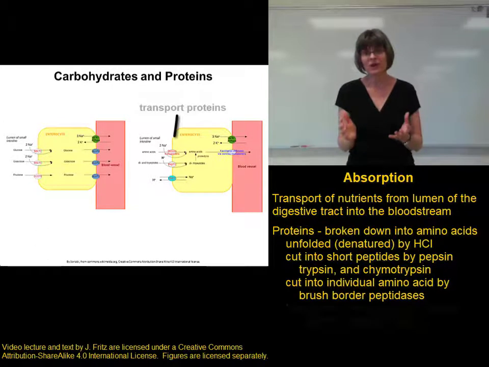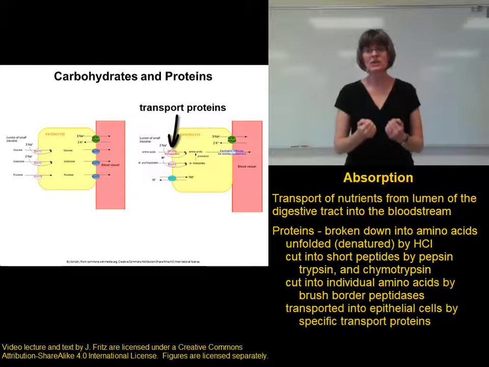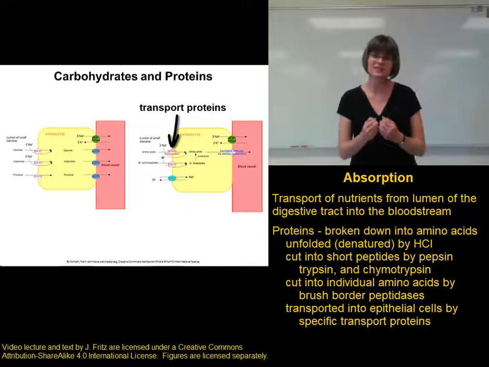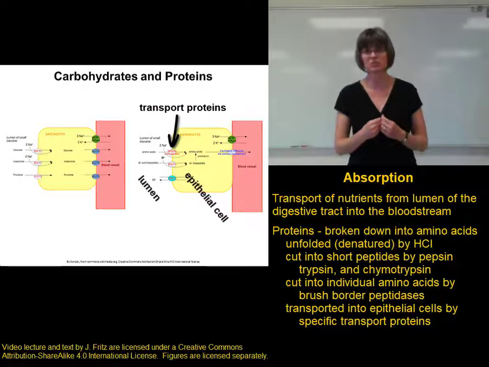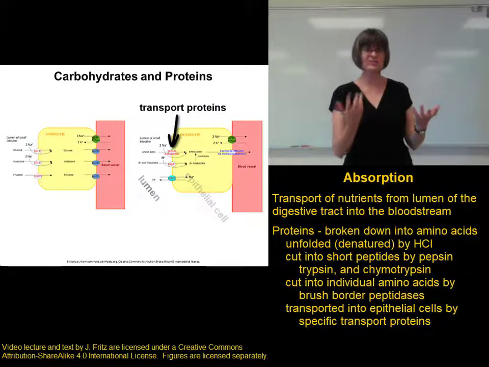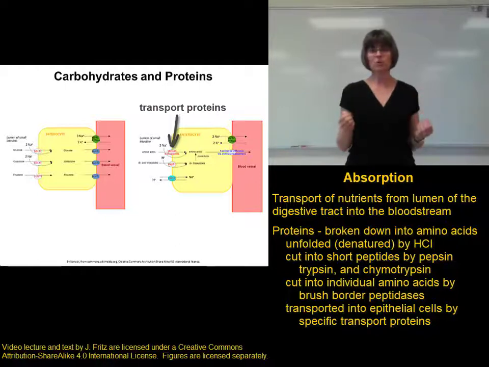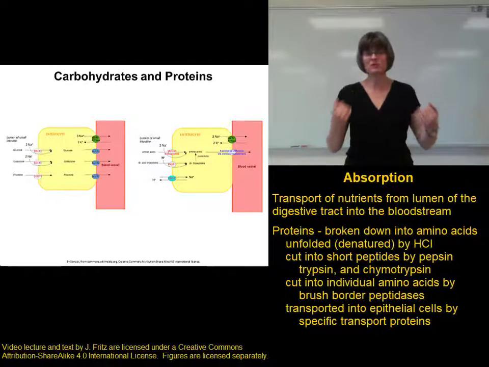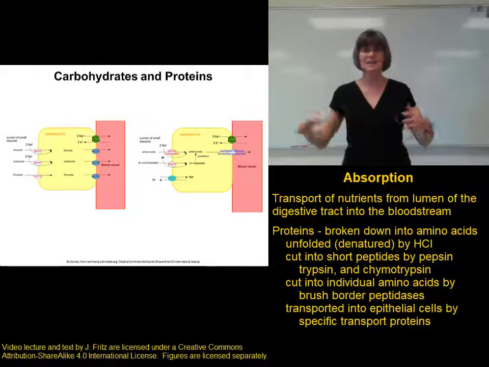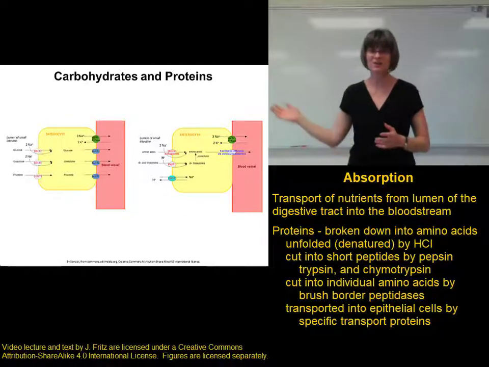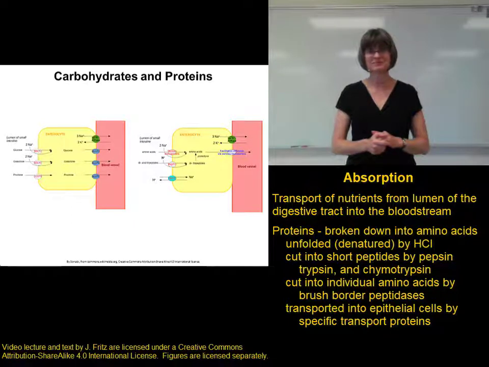Those individual amino acids are brought into the epithelial cells lining the small intestine by specific transport proteins. These specific transport proteins, the ones for the sugars and the ones for the amino acids, are pretty specific. They'll only transport one type of molecule from the lumen into the epithelial cell. Then we transport them out again on the other side, and they diffuse into the fenestrated capillaries to go out to the rest of the body.